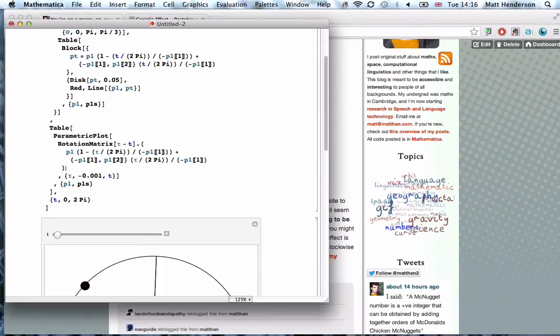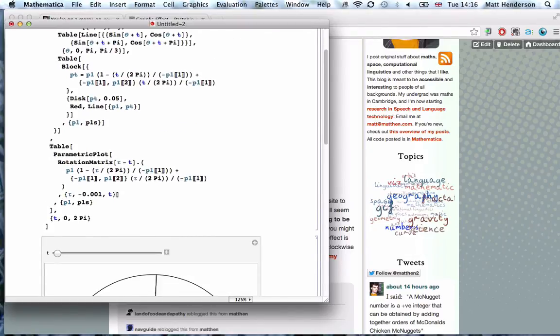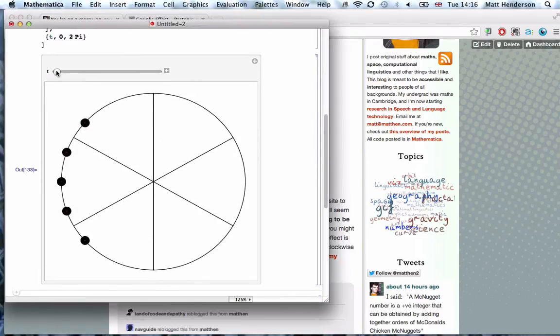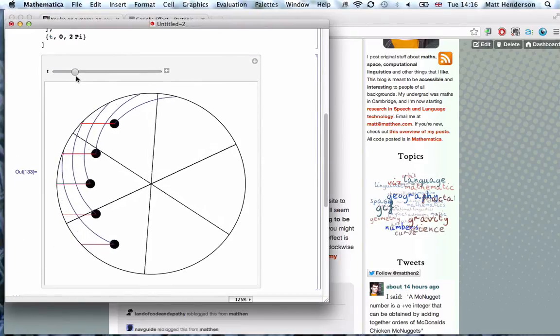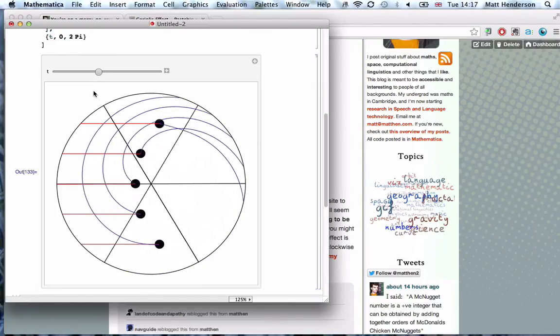Rotation matrix dot. Now why? Okay, missing a bracket. Okay, let's see what happens. Cool. Okay.